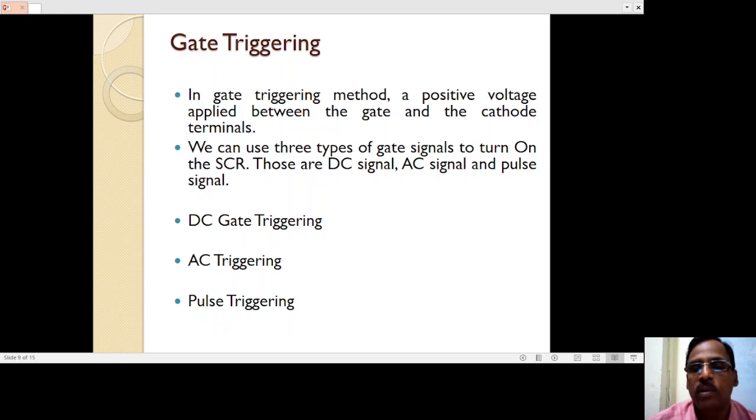The next method is AC gate triggering. When your SCR is in forward bias condition, we can turn on the SCR by applying an AC supply between gate and cathode.